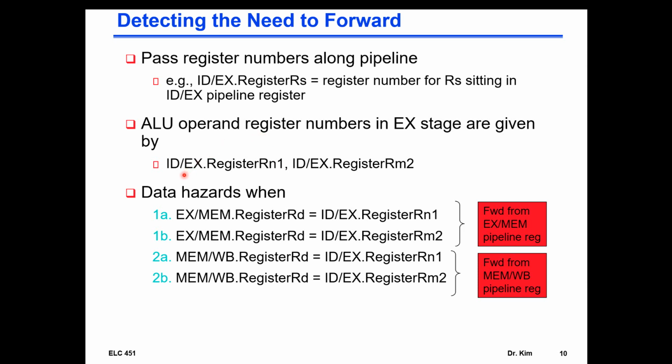So when we have the RD field, the destination field, in the execution to memory pipeline register equal to the source 1 in the instruction decode execution boundary pipeline register, when those two fields are equal, we need to forward from the execution stage to the ALU.